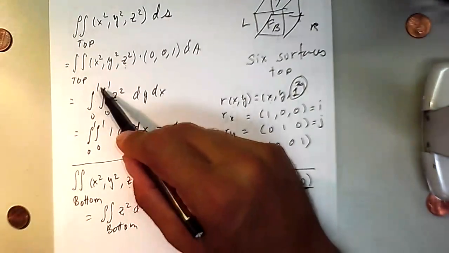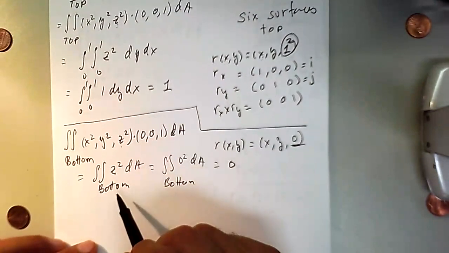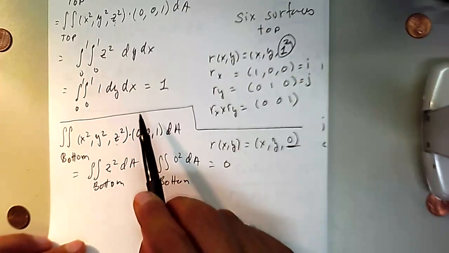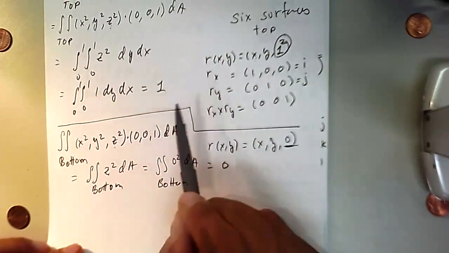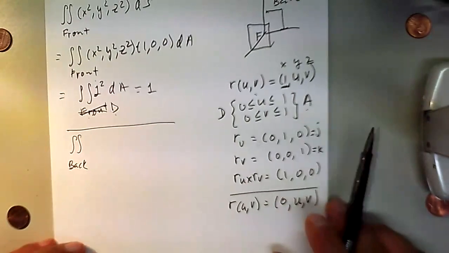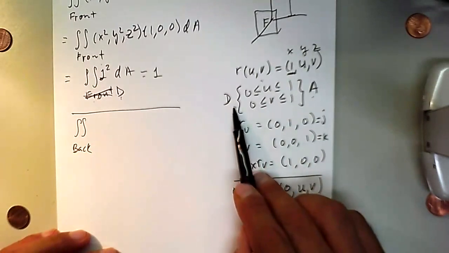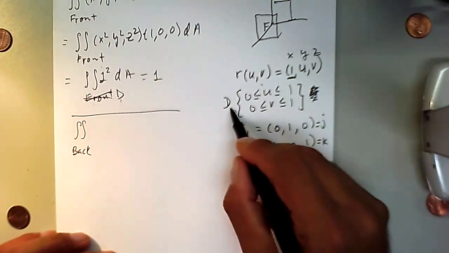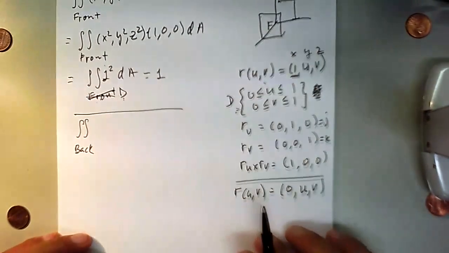Here we actually changed from 0 to 1s, and there's not too much of a problem because we're using a trivial parameterization, which means that x and y remain the same. Here, we're not using the same x and y, we're using u and v. So I'm using D to refer to the fact that the region we're integrating over would be in a different plane.